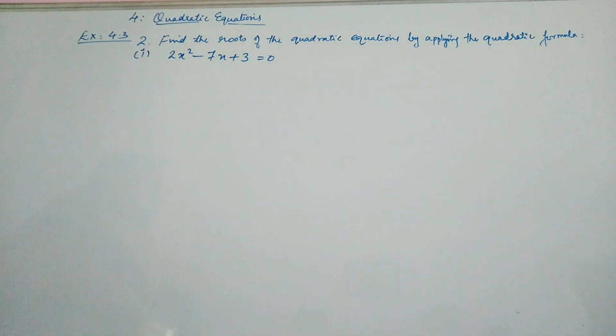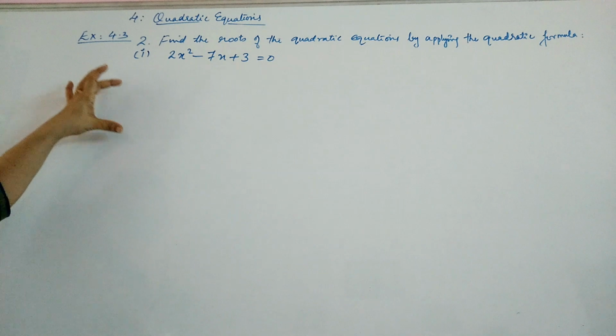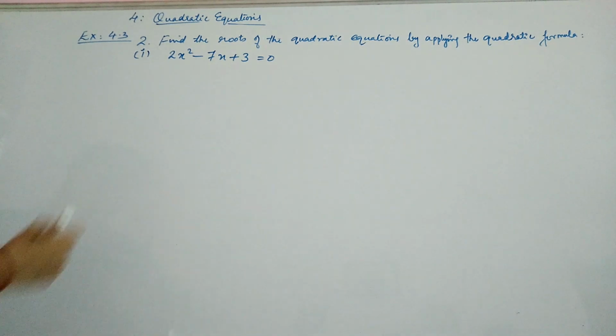Now exercise 4.3, question number 2 is, find the roots of the quadratic equations by applying the quadratic formula. And first subdivision is 2x square minus 7x plus 3 is equal to 0. So first we have to identify what are your a, b, c, and you have to write the quadratic formula also.